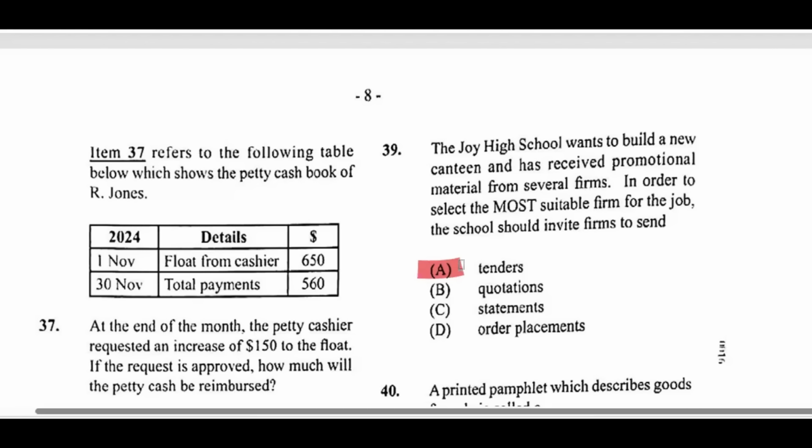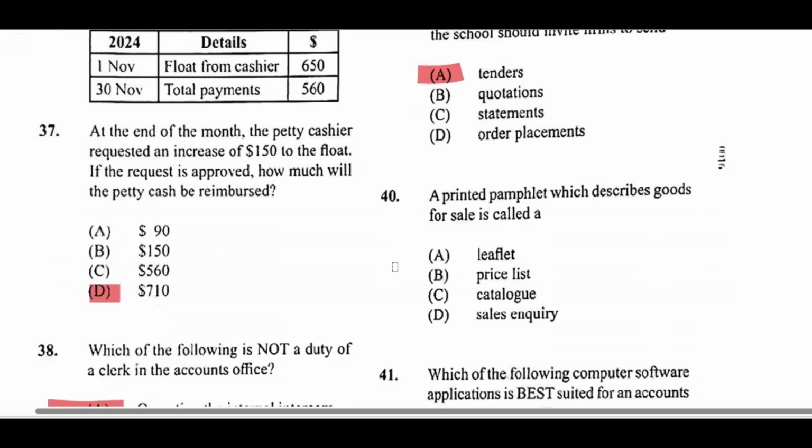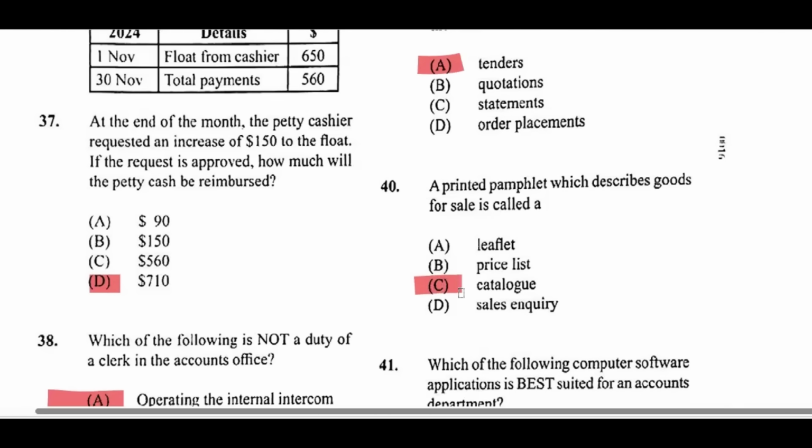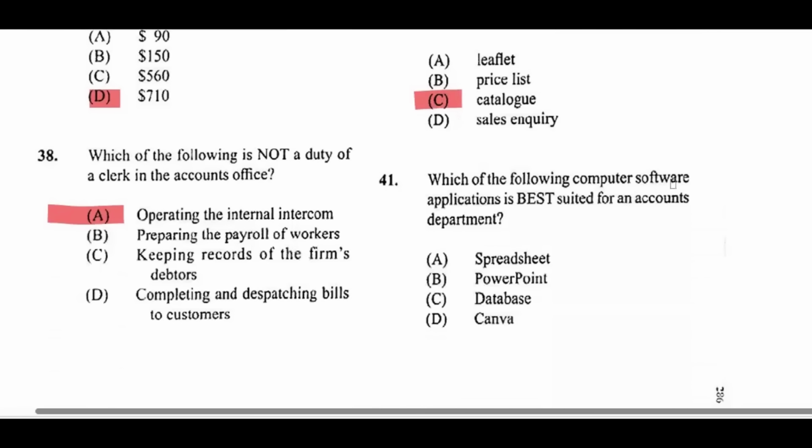Okay. 40. A printed pamphlet which describes goods for sale is called leaflets, priceless. Catalog. It is called a catalog.